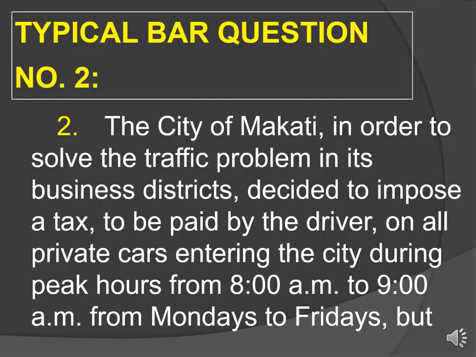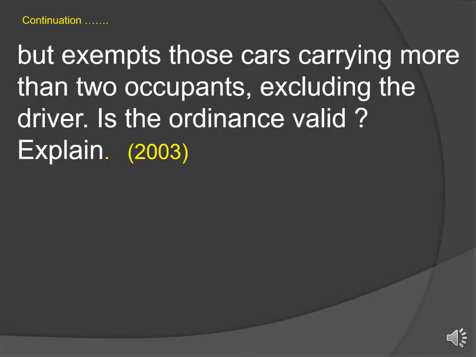So let's continue. Decided to impose a tax to be paid by the driver on all private cars entering the city during the peak hours from 8 a.m. to 9 a.m., from Mondays to Fridays, but exempts those cars carrying more than two occupants, excluding the driver. Is the ordinance valid? Explain. So you will notice you have to explain again why the ordinance is valid as an exercise of police power.